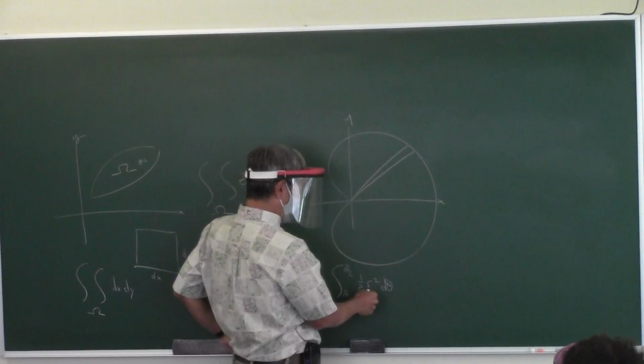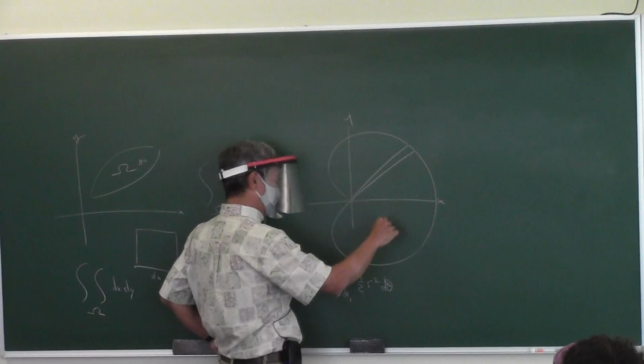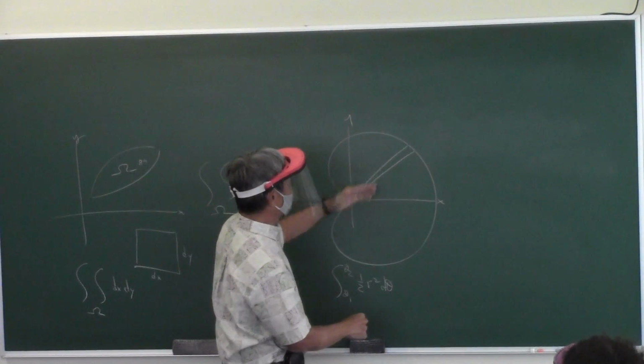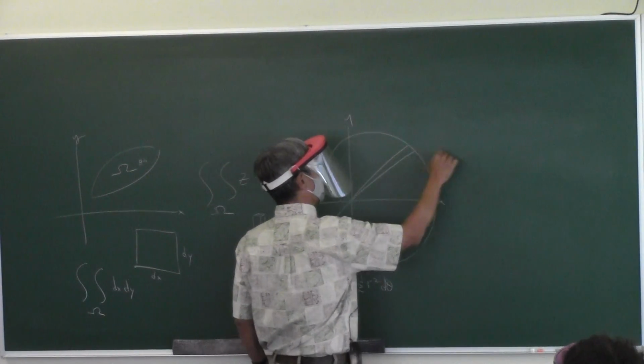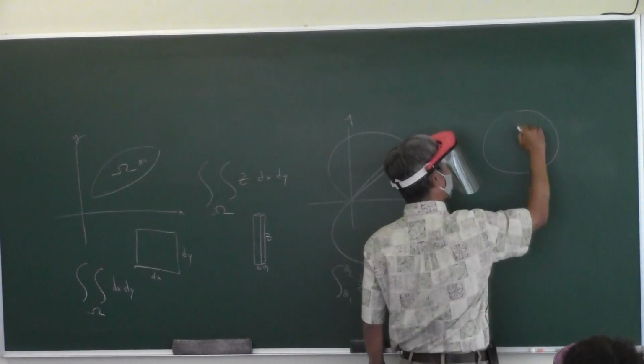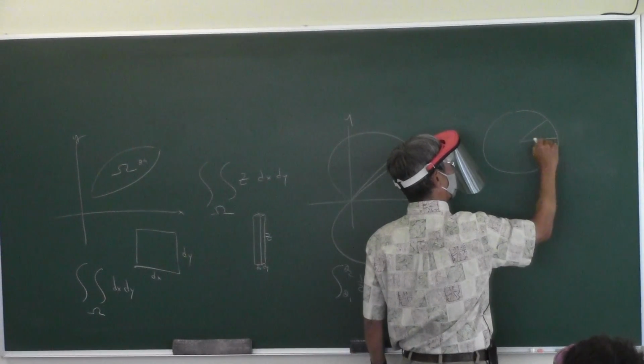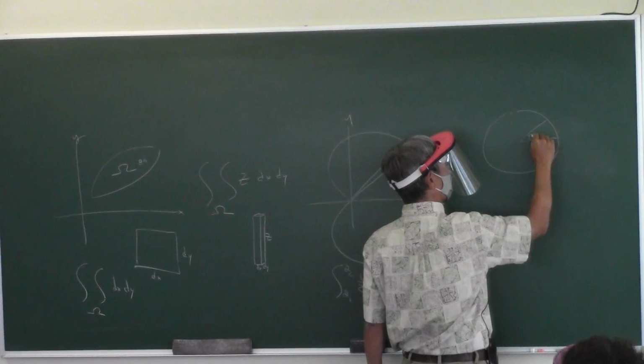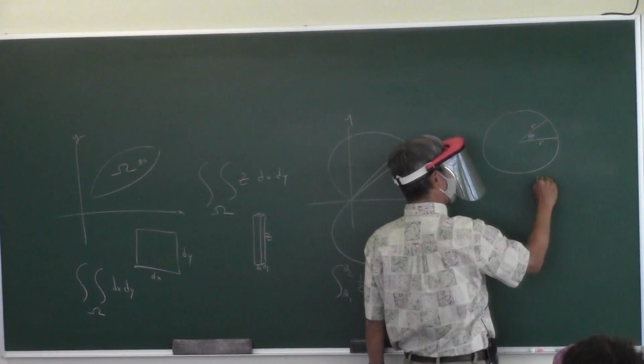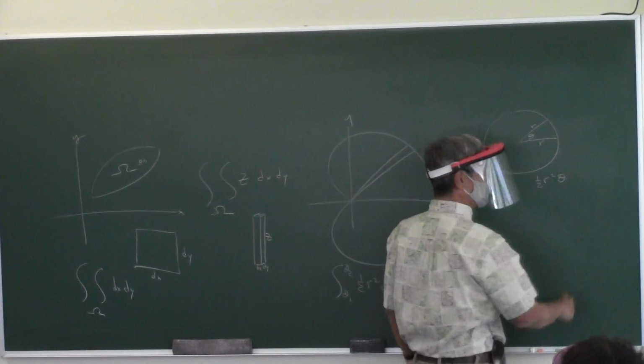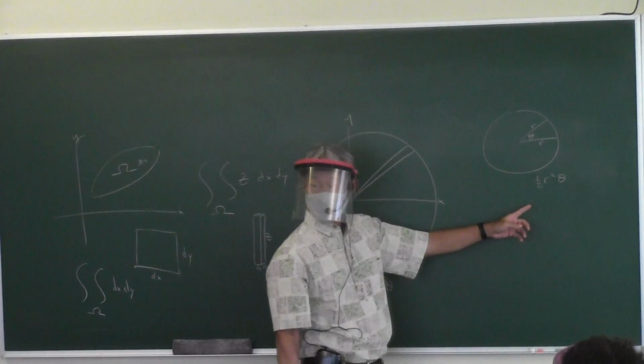Okay, so what's the area of a sector like this? We have to go back to geometry. How do you compute the area of a sector with angle theta and radius r? Isn't it 1/2 r squared theta? You have to know this for the trig event this time.